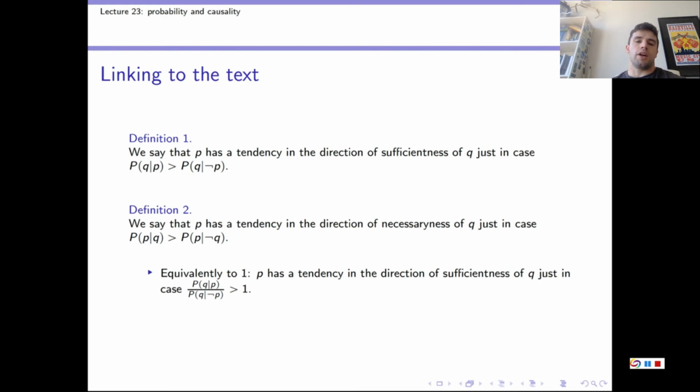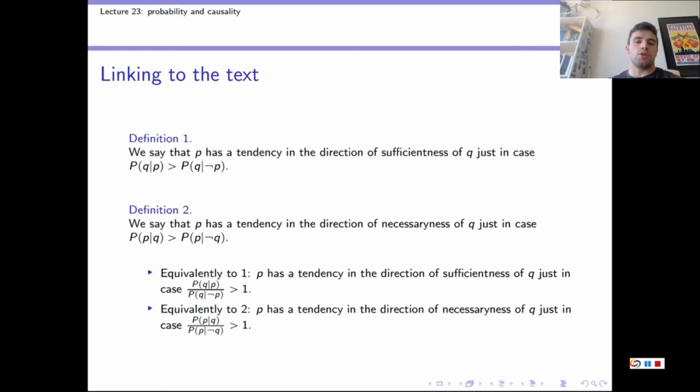Similarly, we can divide both sides of the inequality in definition 2 by P of P given not Q, and doing that we obtain, equivalently to definition 2, P has a tendency in the direction of necessariness for Q just in case the probability of P given Q over the probability of P given not Q is greater than 1.